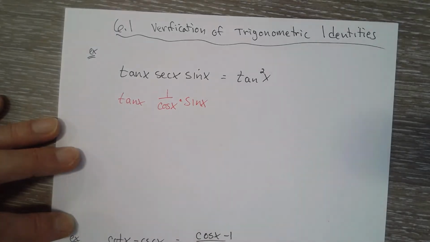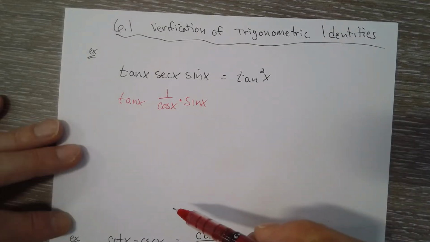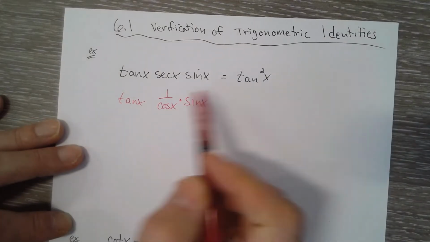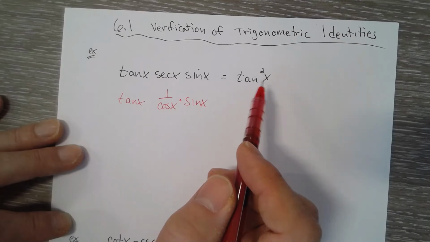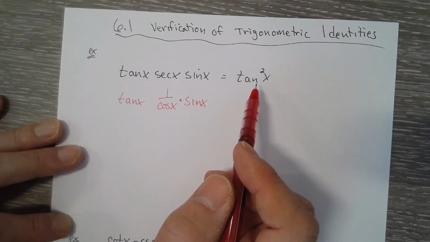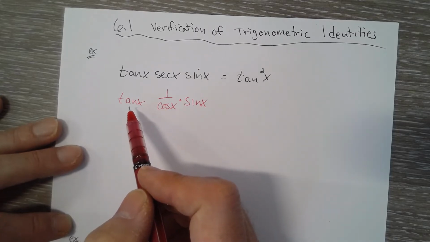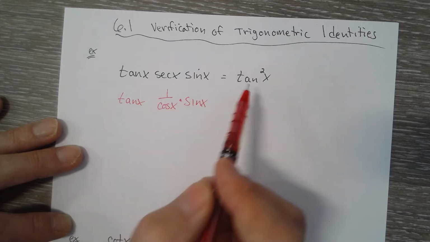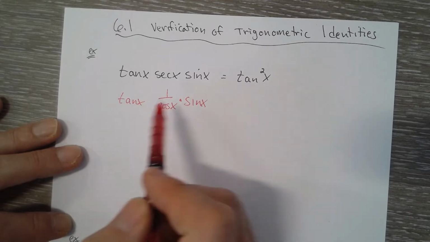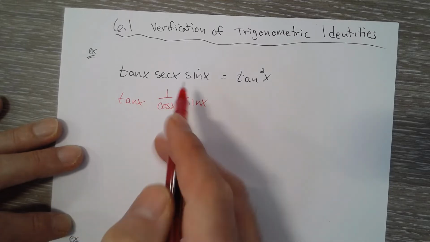Now, looking at this, now that I've done that, I can move that sine up on top, and I keep one eye on what my target is. I'm trying to write things only in terms of tangent. So it doesn't really make sense for me to change my tangent x to be sine x over cosine x if we're trying to get to tangent squared. So I'm going to leave that alone, but I can move that sine x to the top.